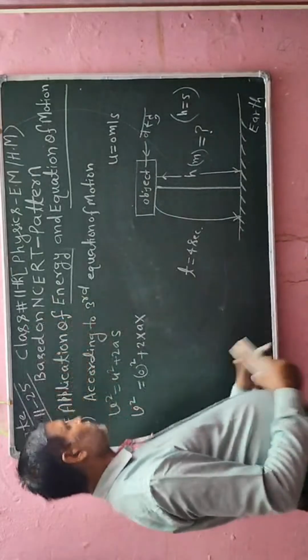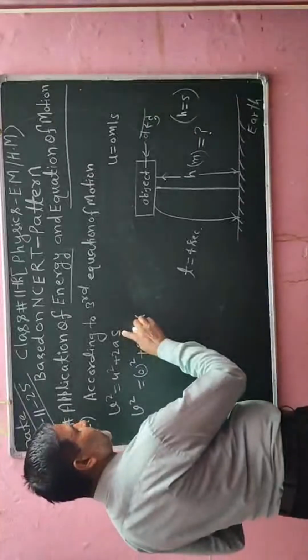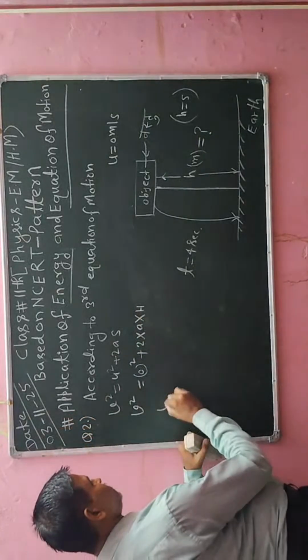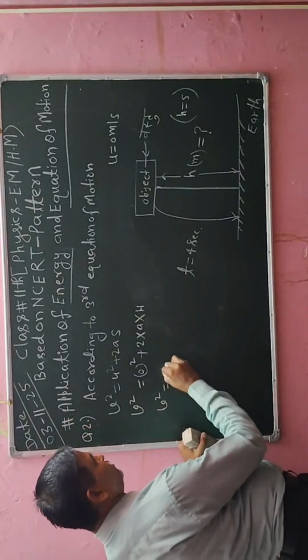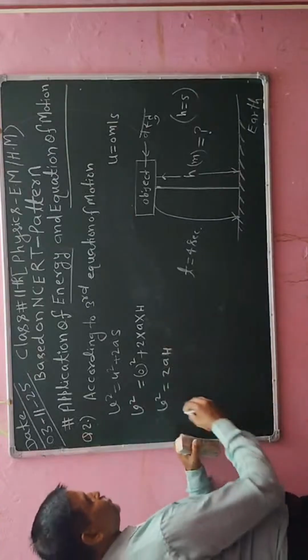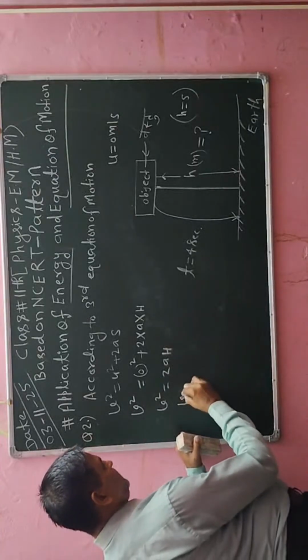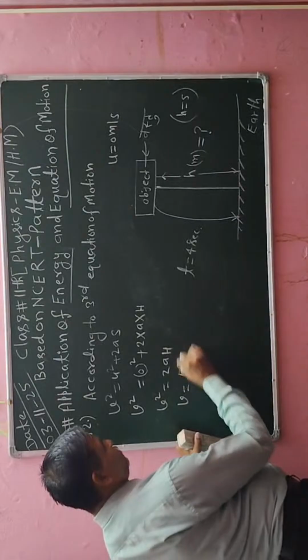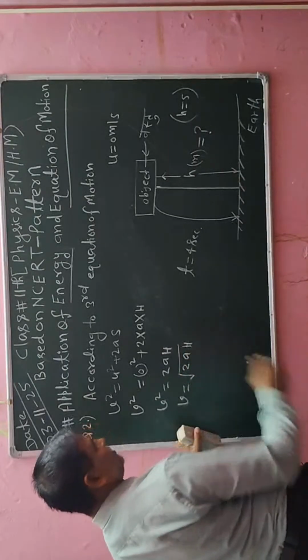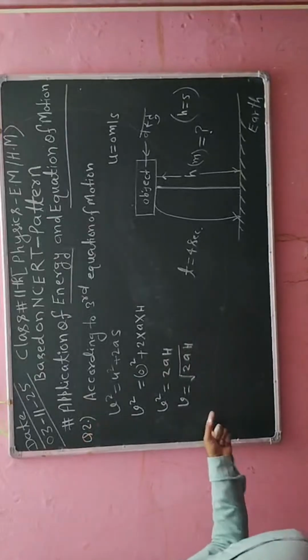So in place of s, I can put h. So v square is equal to 2ah. So I have got its value, v equals square root of 2a into h.